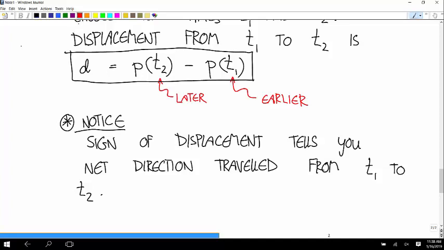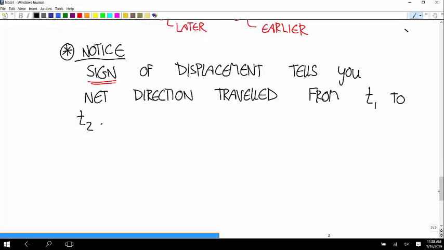Well, it's two things. I'm talking about the sign of it, so I'm talking about direction. But displacement has two bits of information built into it.